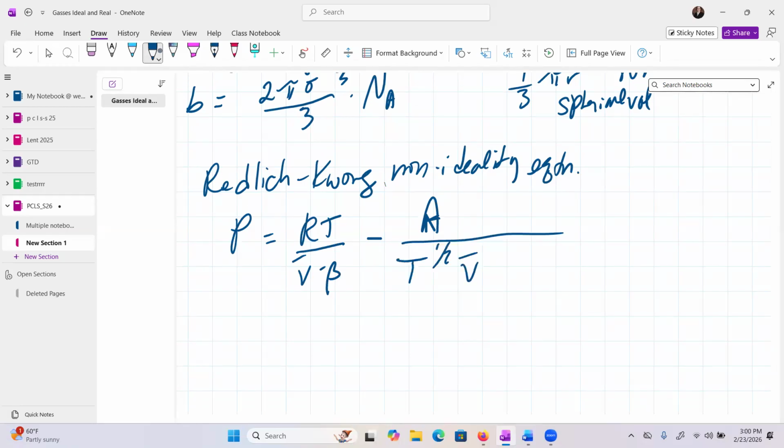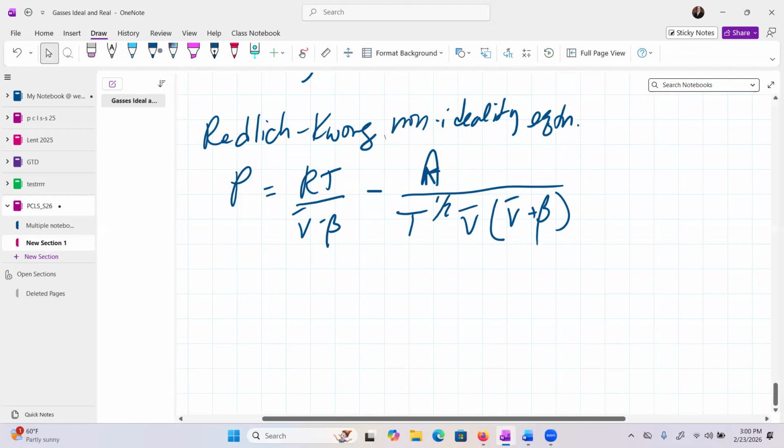Man, this is getting complicated. How did anybody ever think of this thing? And this has parameters that are looked up, right? And there is also another one called Soave-Redlich-Kwong.